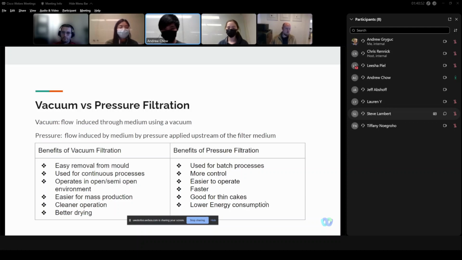Both options have a variety of advantages and disadvantages. Given that vacuum filtration is easier for mass production, better for drying, and has a cleaner operation, it is the optimum choice for production. However, in terms of the design of experiments completed in the lab, pressure filtration is ideal as it is preferable for batch operation, easier to operate, and has low energy consumption.